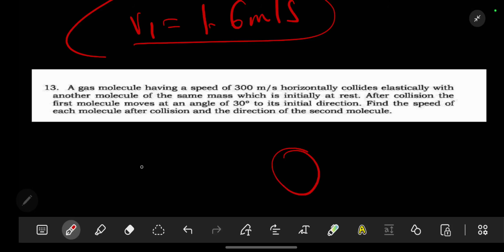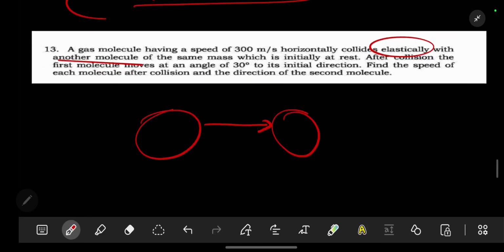So we have one molecule here, another one, then they collide. Remember, they are the same molecule, meaning to say they have the same mass. Therefore, if they collide elastically, their separating angle is equal to 90 degrees.